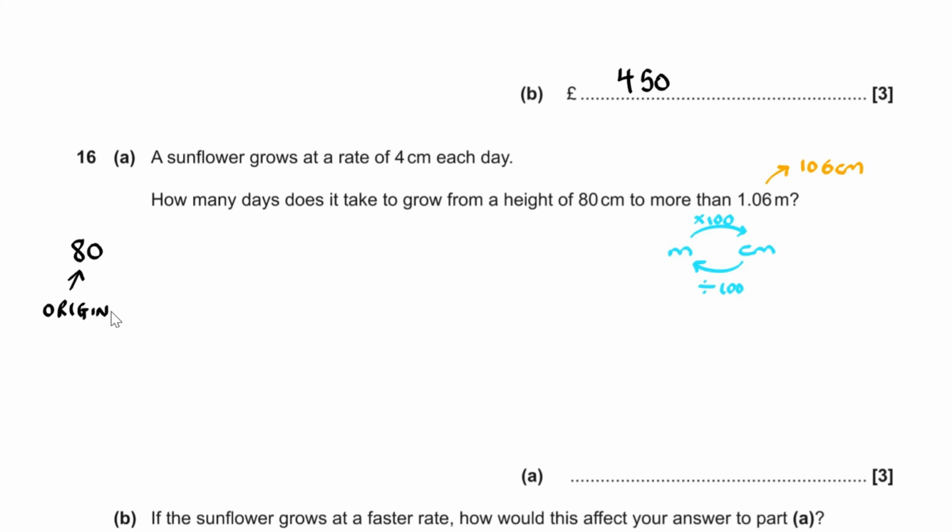And if we're growing at 4 centimeters per day, after the first day we've got 84, after the second we've got 88, after the third we've got 92, after the fourth we've got 96, then we've got 100, then 104, then 108, and we could continue, but we're looking for how long it would take to reach a height more than 106 centimeters.